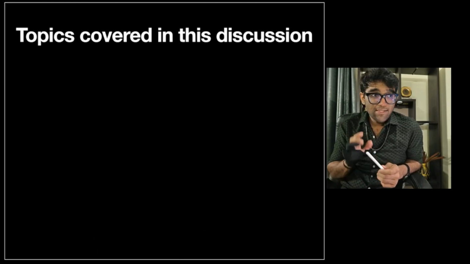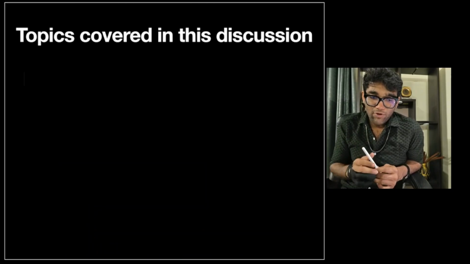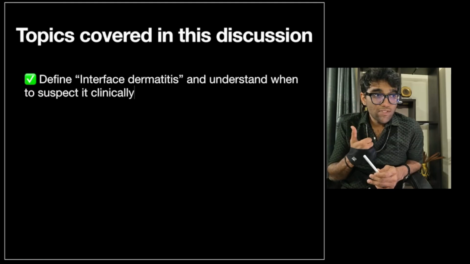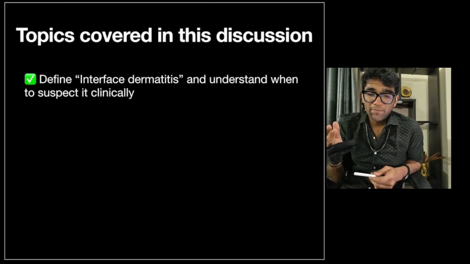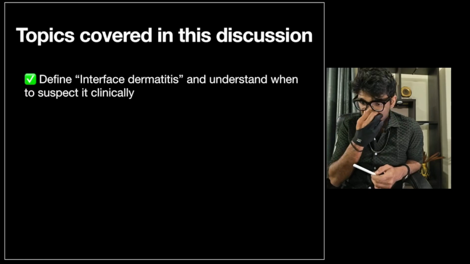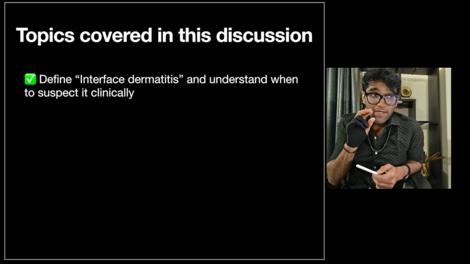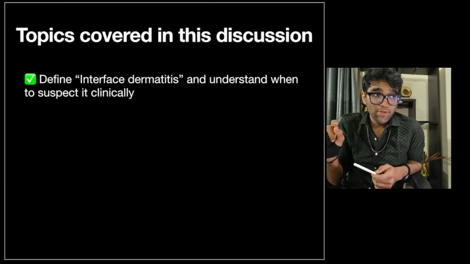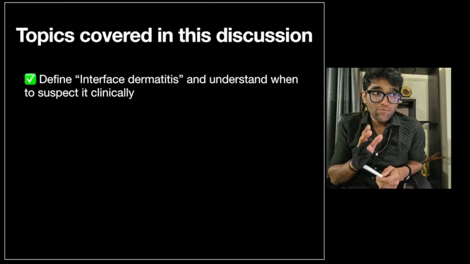So now, in this discussion, I have discussed the following. I have defined interface dermatitis. We've understood that it is a dermatitis primarily affecting the dermoepidermal junction, usually resulting in the development of fluid-filled vacuoles at the dermoepidermal junction. If that is all you see, that would be vacuolar.